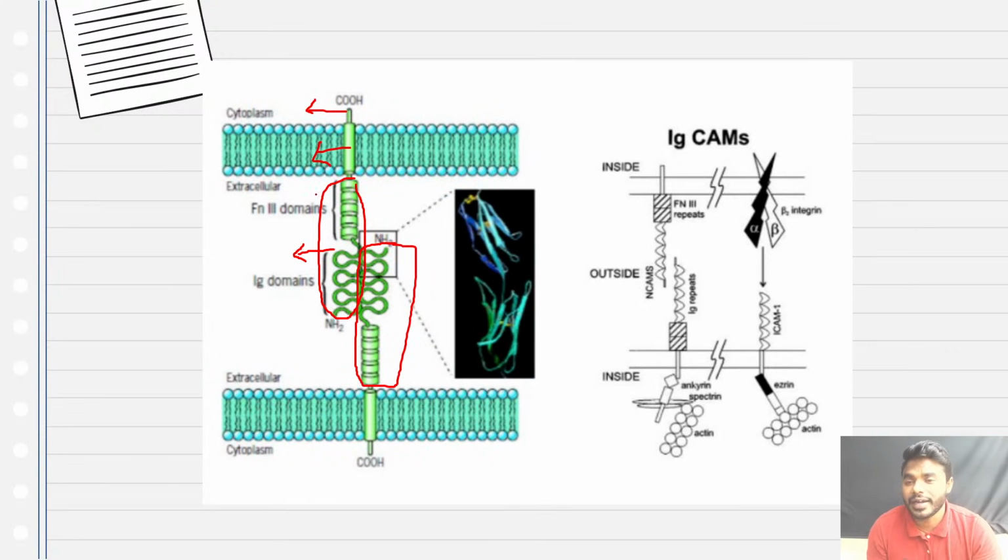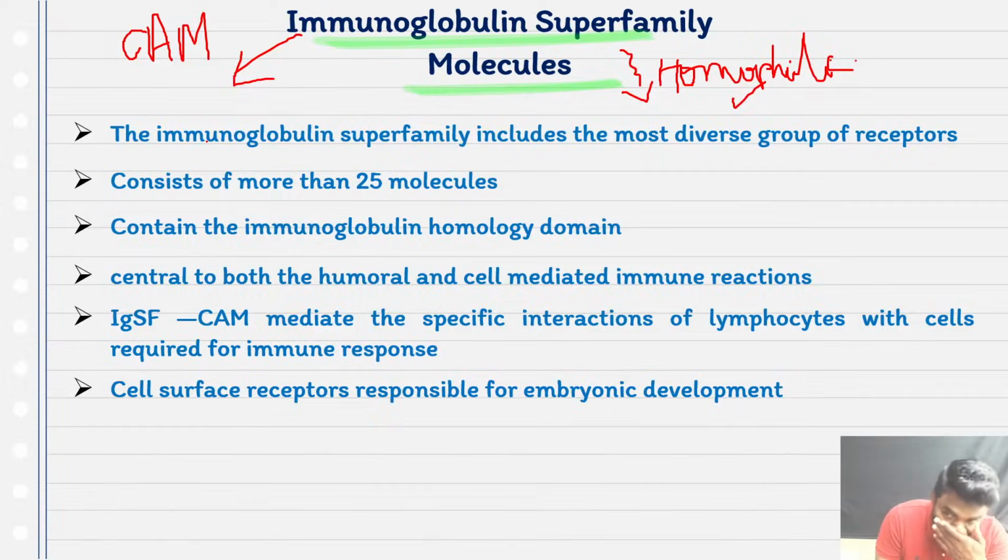Keep in mind, the transmembrane domain and the cytosolic domain never resemble immunoglobulin. Only a part of the extracellular domain exactly resembles immunoglobulin. That's why we call them immunoglobulin superfamily CAM molecules.